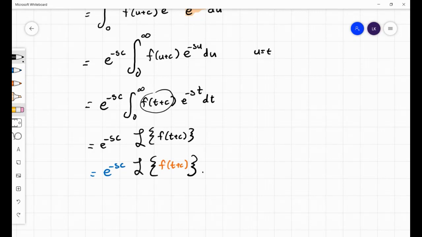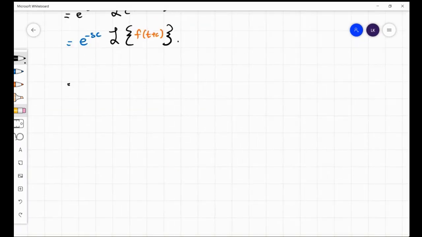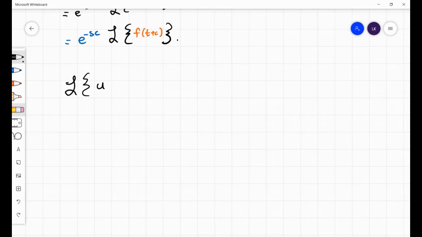So let's practice a little bit more. Suppose you want to find the Laplace transform of a step function that turns on at 7, and you have an exponential e to the minus 3t. Again, you think of this step function as being turned into an exponential e to the minus 7s.